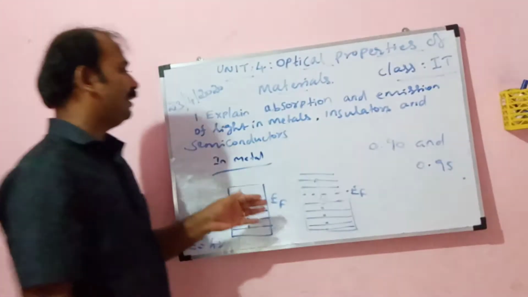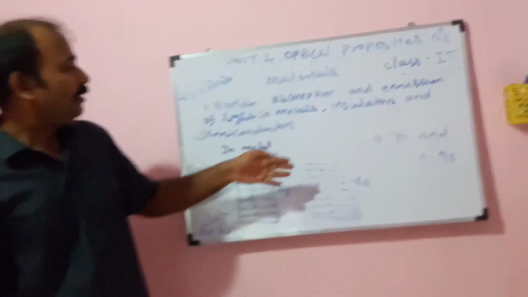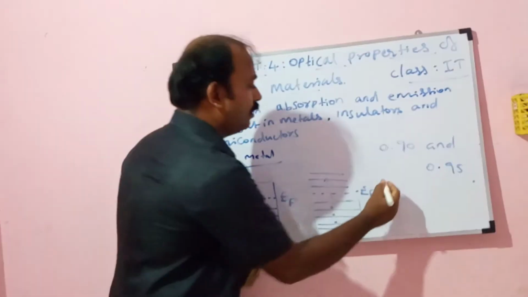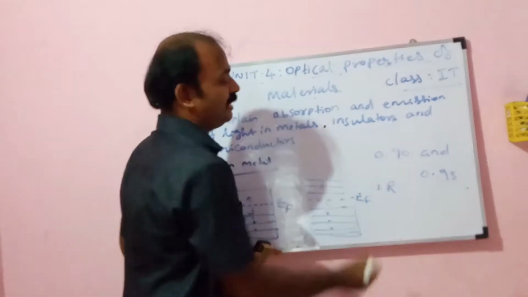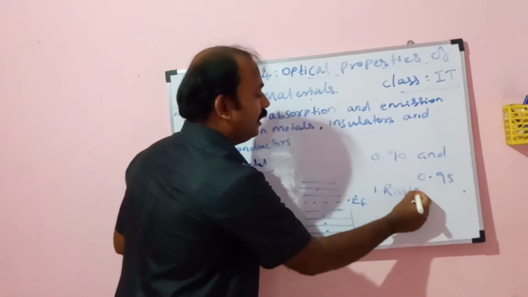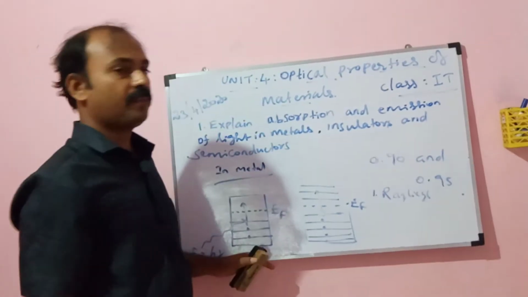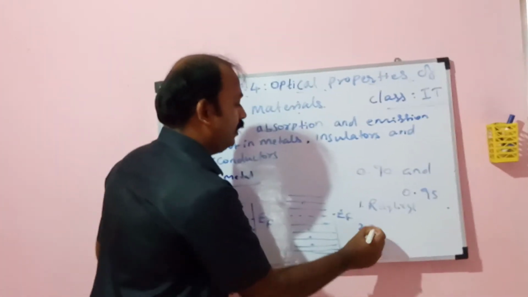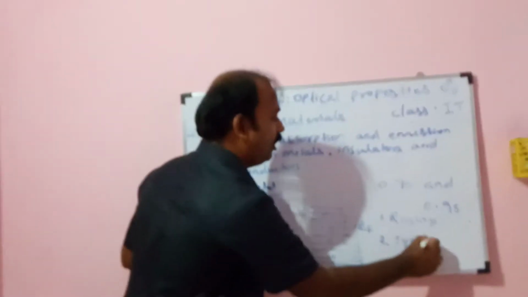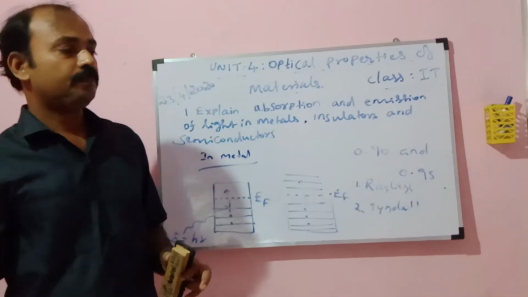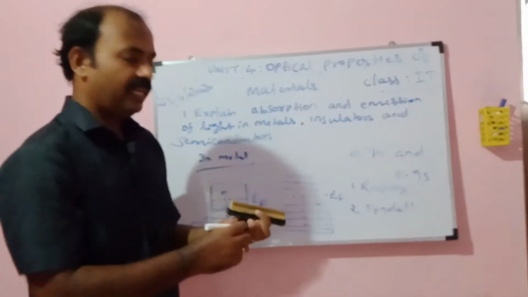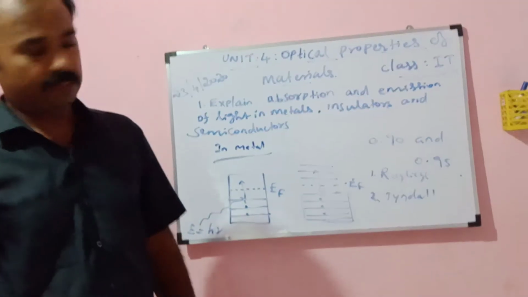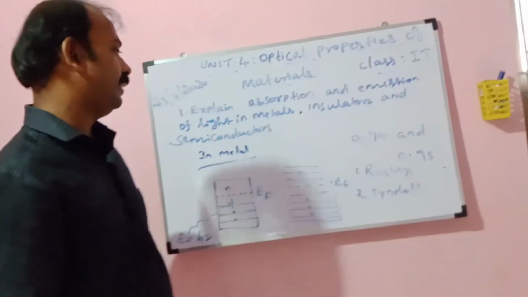This scattering is divided into three different types. The first one is Rayleigh scattering. The second one is the Tyndall effect. So different types of scattering are possible inside the metal based on the reflectivity.